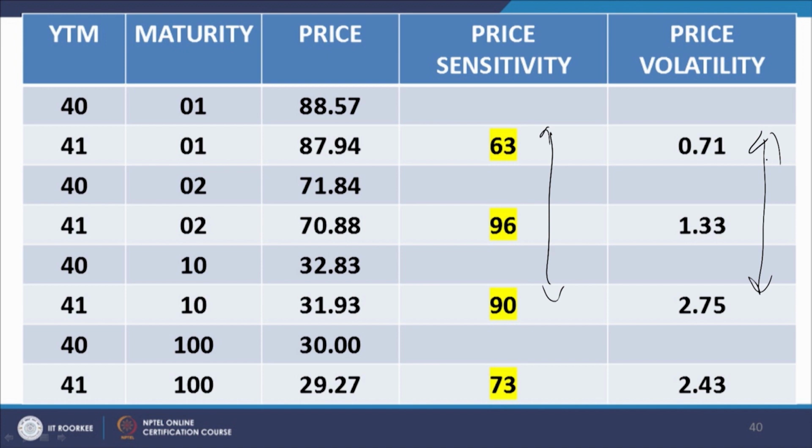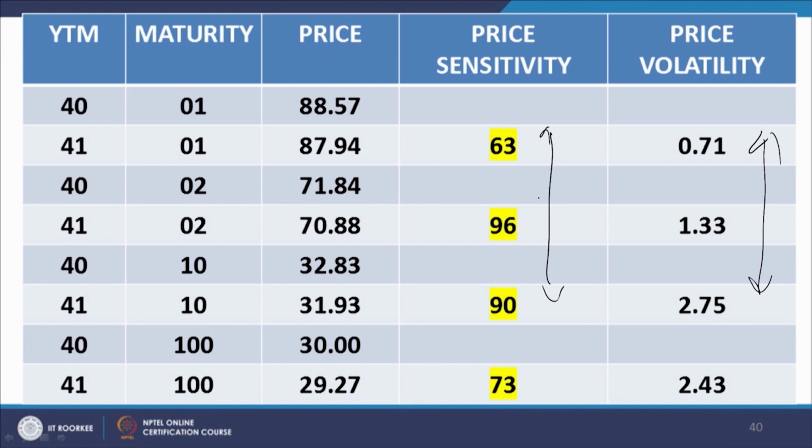You can see here, as far as price sensitivity, DV01, is concerned, as the maturity increases, the DV01 or the price sensitivity increases initially, and then it starts going down. It is 63, 96, 90 for 10-year bonds and 73 for 100-year bonds.